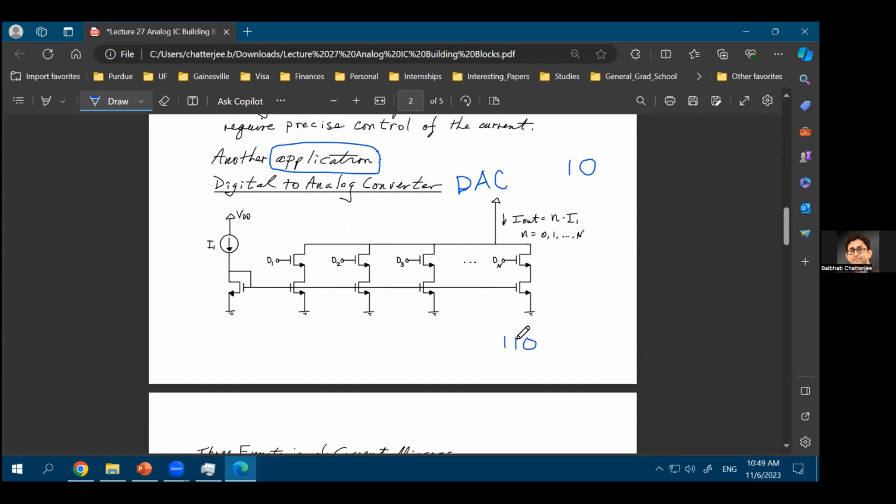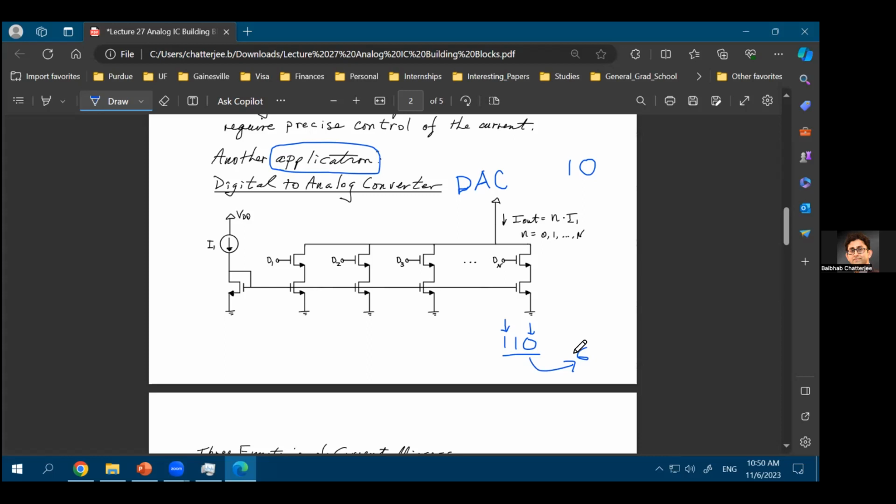So 0 is the LSB, and this is the MSB. What is the equivalent integer representation of this? 6, right? Because the third bit represents 4, the second bit represents 2, and the LSB represents a 1, if you are converting this to an integer. So this will represent the integer number 6.